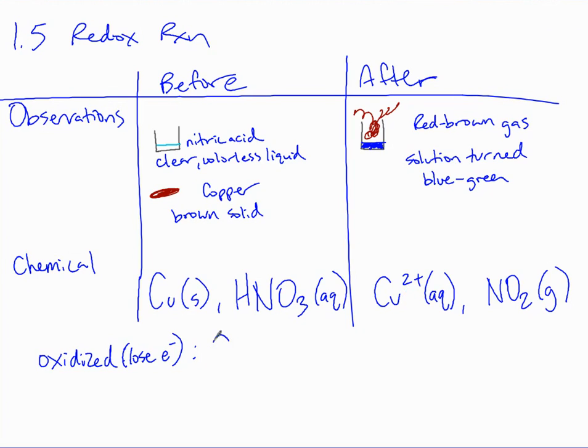So copper, its original oxidation number here is 0 because it's a neutral element. Here its oxidation state is +2, which is the charge of its ion. Copper, 0 to +2.